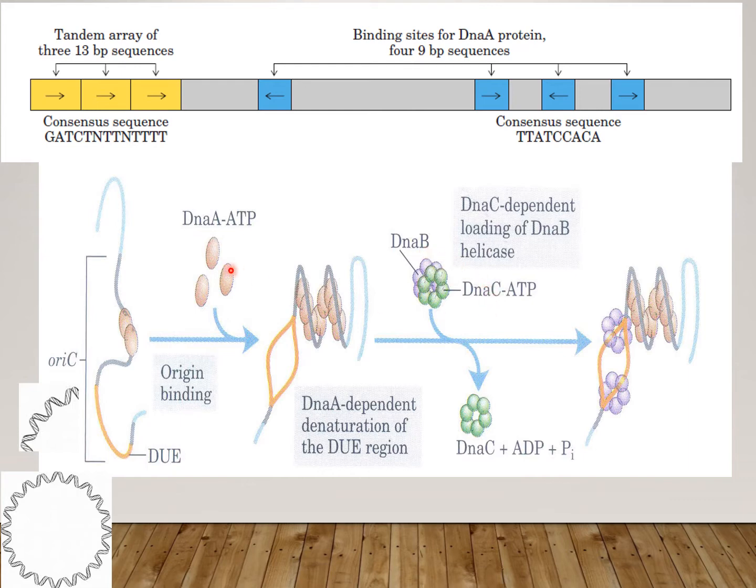If you see the steps, the DnaA protein goes and binds to these blue sites, and because of this binding, it exerts force on the DUE region, and this DUE region unwinds, it opens up, and single strands form from the double strands, because at the origin of replication the DNA unwinding element has opened up.